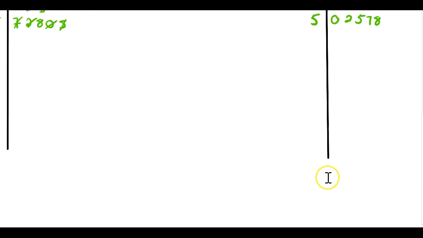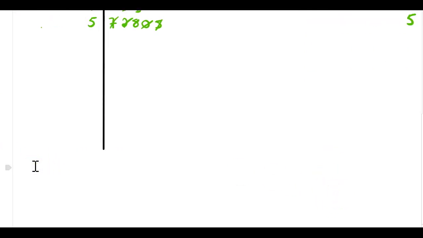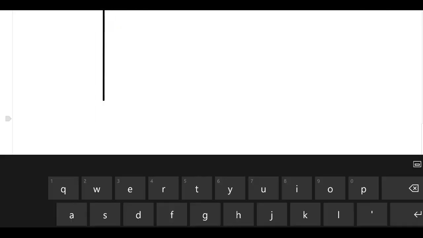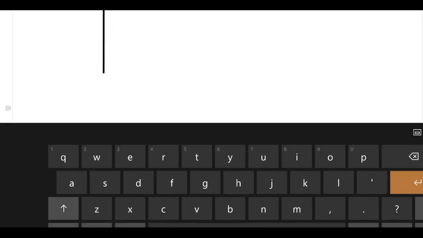There are things called back-to-back stem and leaf plots. So let me get one of those going up here.